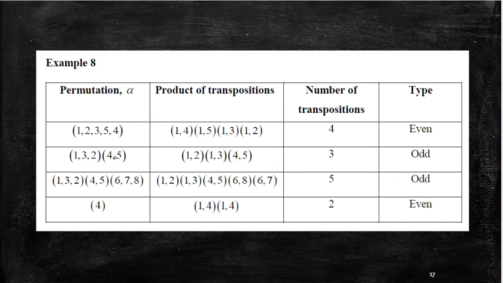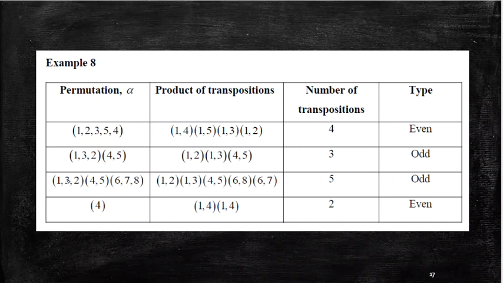For the second example, (1, 3, 2) and (4, 5). We write transposition (1, 2), transposition (1, 3), and this is (4, 5). That means 3 transpositions, which is odd.